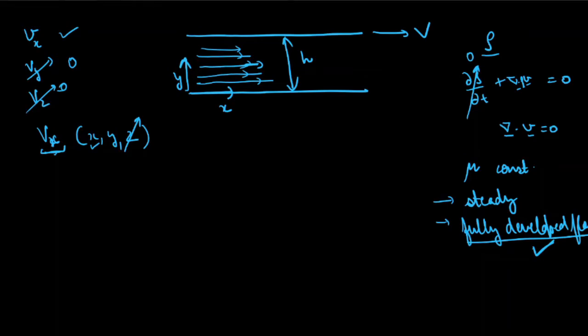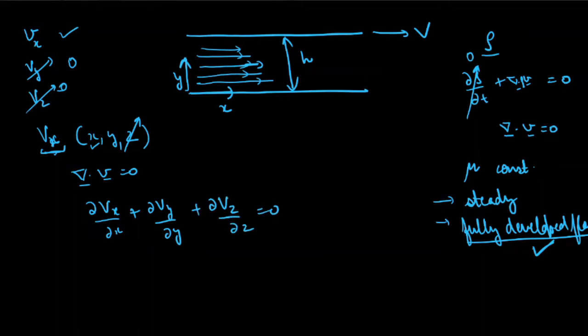So this is fully developed flow, but you can use your continuity equation that del dot v is equal to 0, so that means del Vx by del x plus del Vy by del y plus del Vz by del z is equal to 0. Vy and Vz are 0, so these become automatically 0.